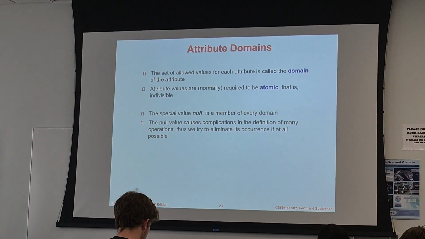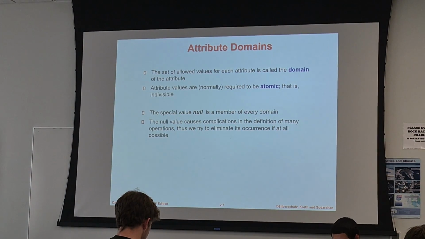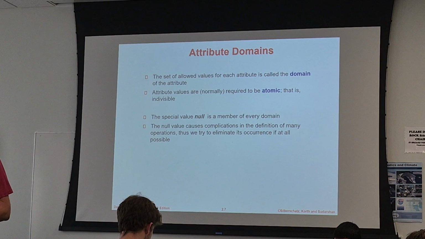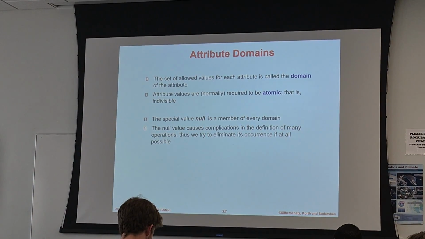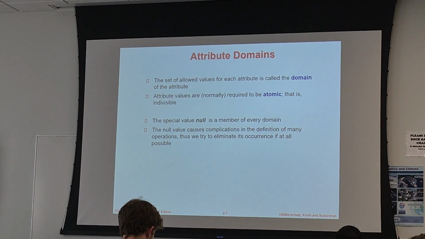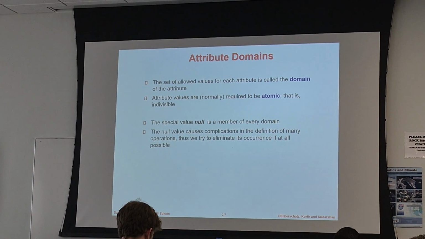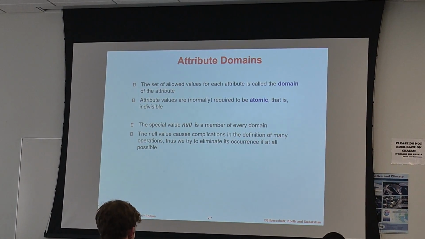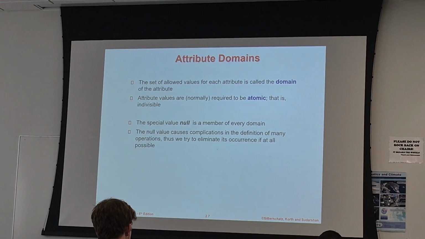It's just that if later there are operations that require knowing the address of a student, those operations may fail because there's a null value in a slot that is required for an operation to complete. So that's all I mean by saying the null value can cause complications.